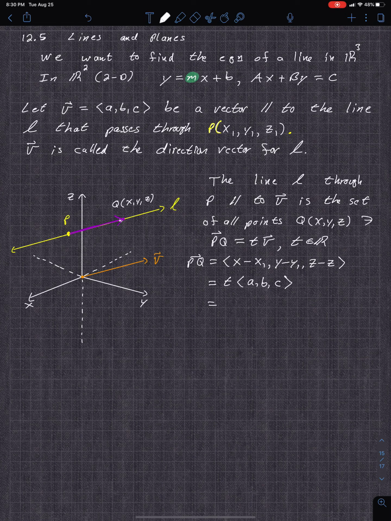So if we distribute that across, you end up getting ta, tb, and tc.